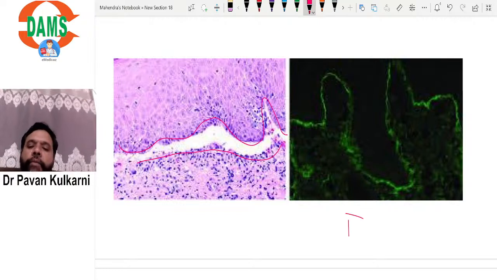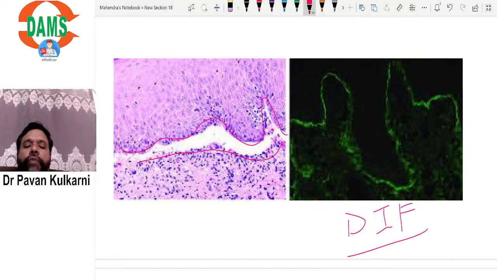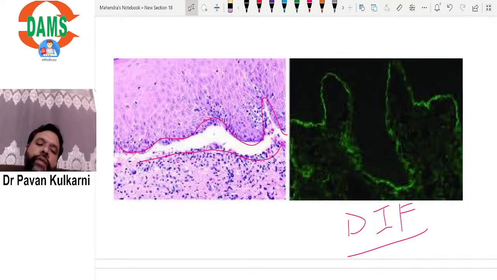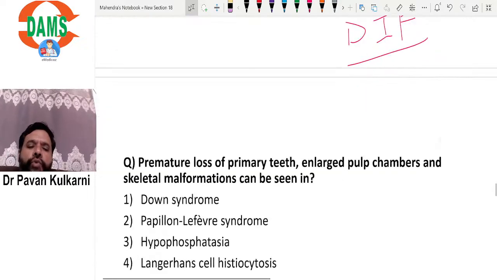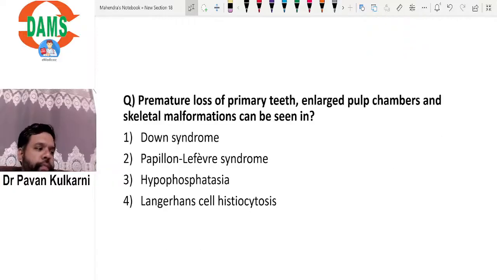This is the direct immunofluorescence finding, DIF, of the pemphigoid. That's not much important. They won't ask you this. So just remember that pemphigoid, that too cicatricial, is the one which affects the mucosa.